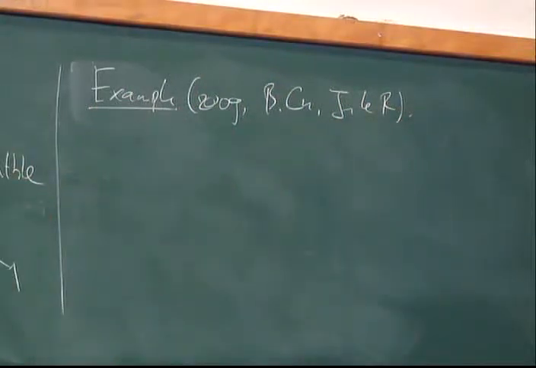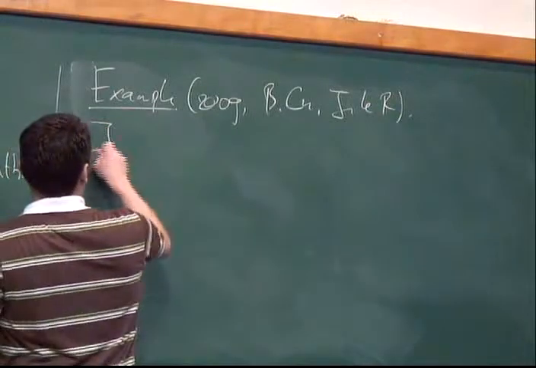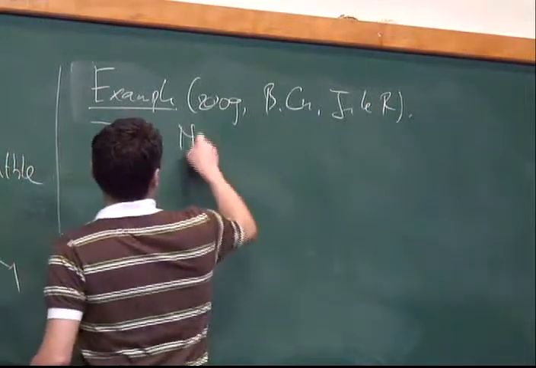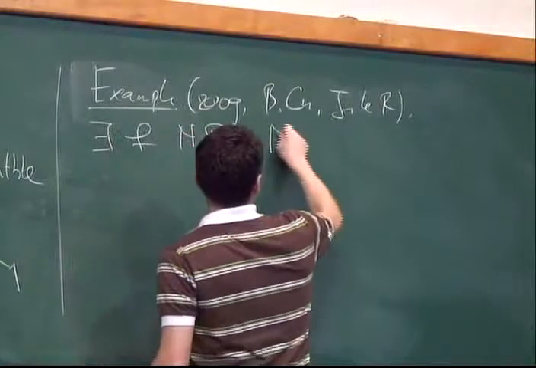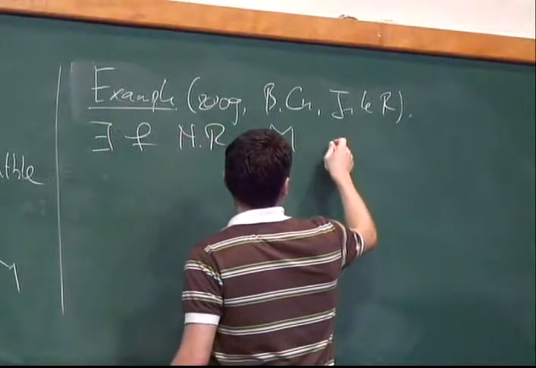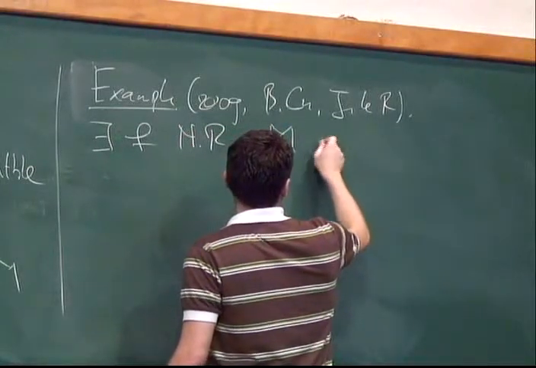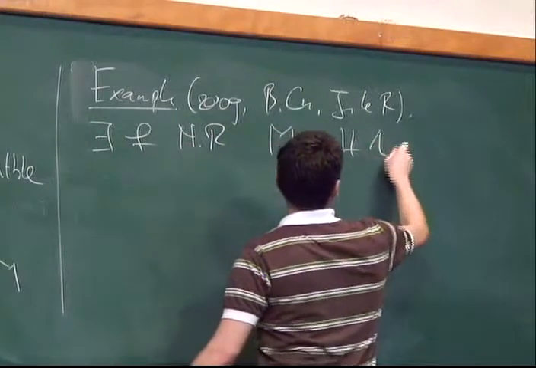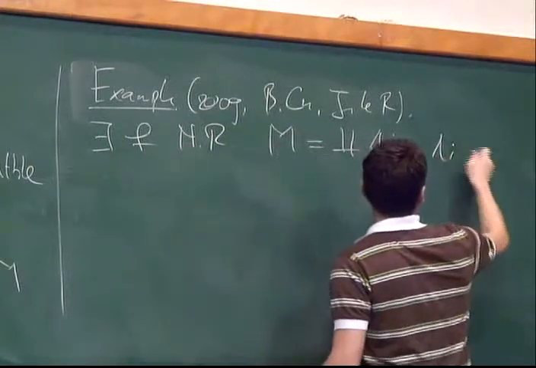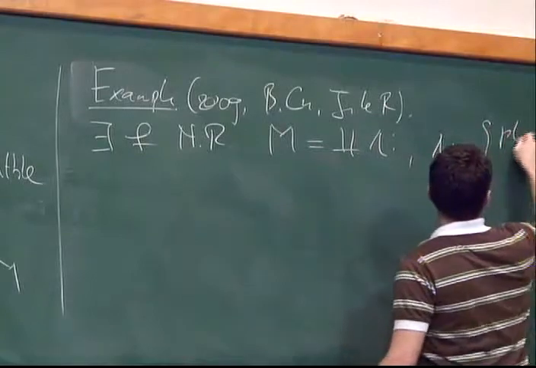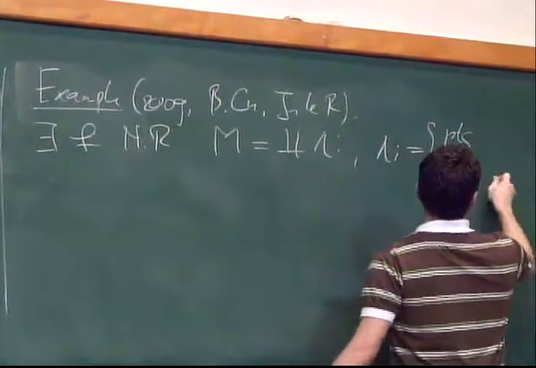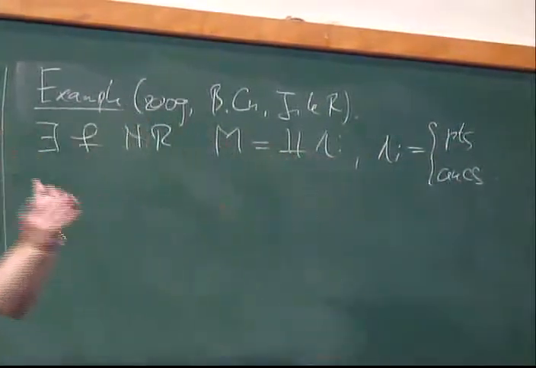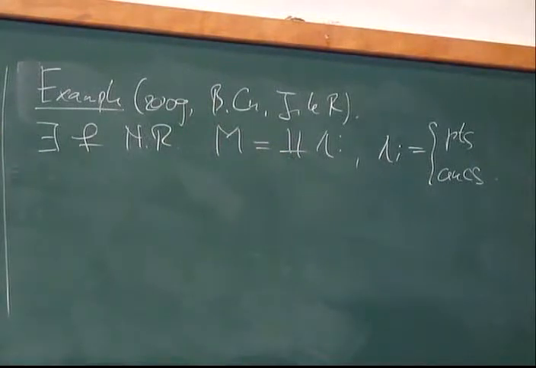They constructed a type F non-resonant, where a minimal set consists of a disjoint union of lambda i, where lambda i are points and arcs. But remember, they have to work with a skew product, so that doesn't give them too much freedom. I have the full two-dimensional picture, so I have a bit more freedom to do things.